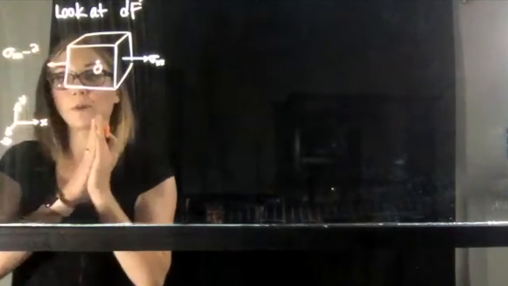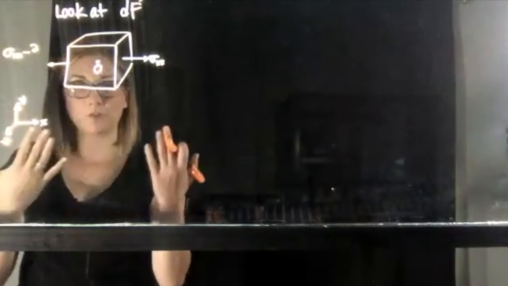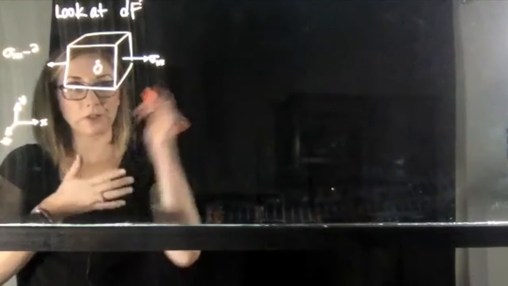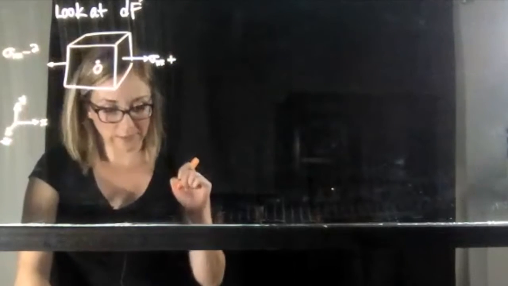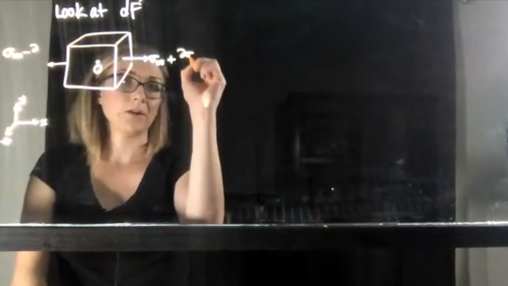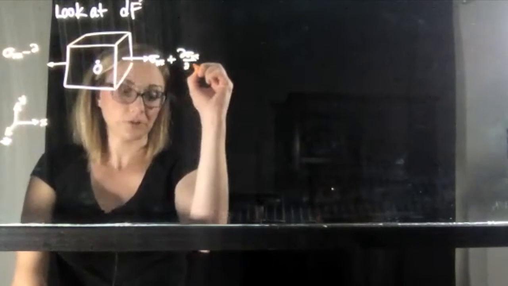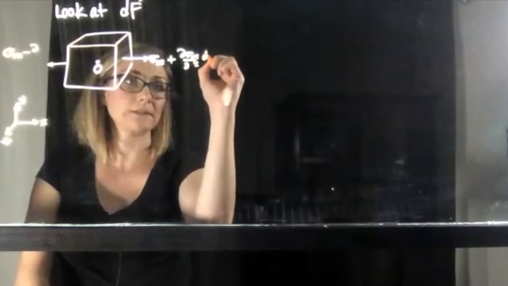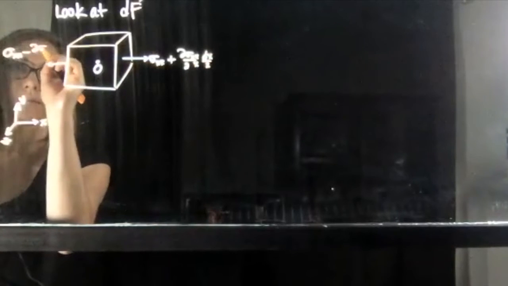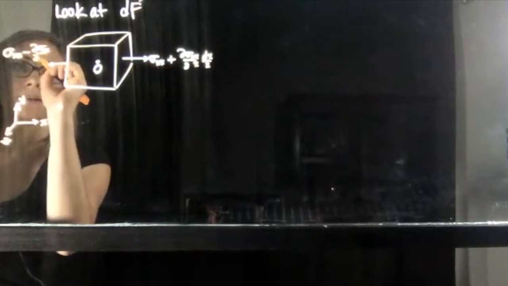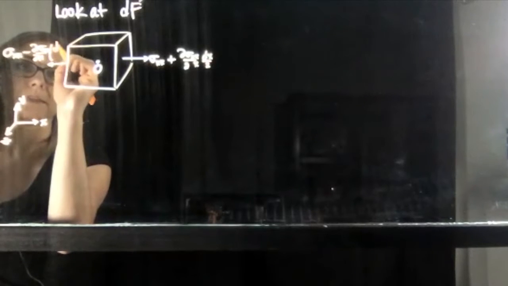So if we want to know them on the faces, we have to do the same thing with the Taylor series expansion. So here our normal stress is sigma xx plus partial sigma xx partial x dx over 2. And then the same thing over here, we've got partial sigma xx dx and then dx over 2.